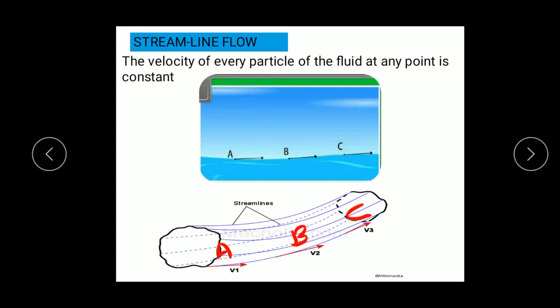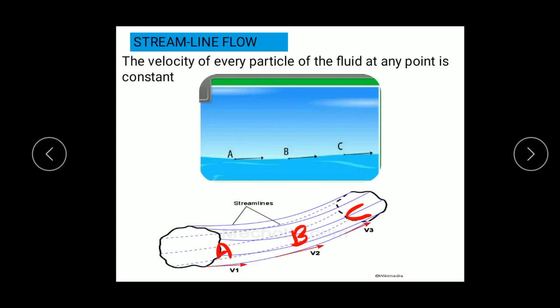If all the succeeding particles of the fluid move along ABC with velocities V1, V2, V3 at A, B and C respectively, then the flow of fluid is known as the streamline flow, or steady flow.